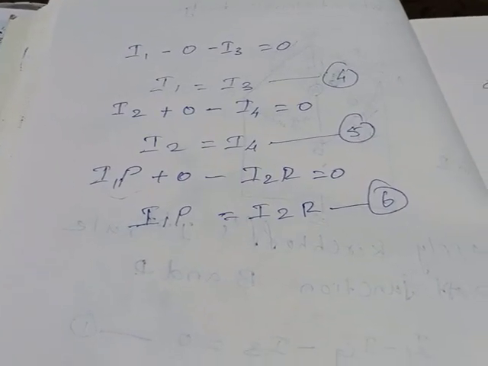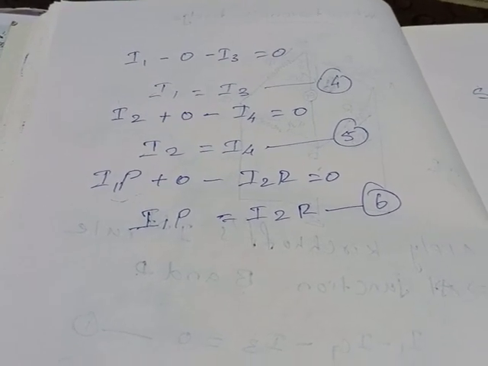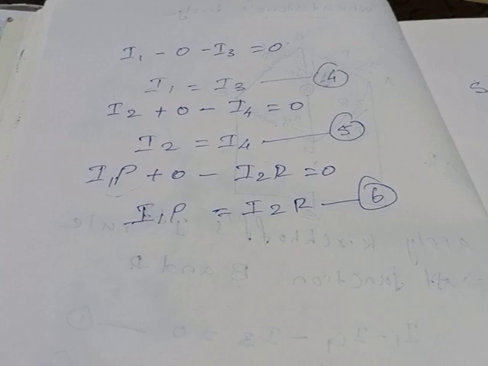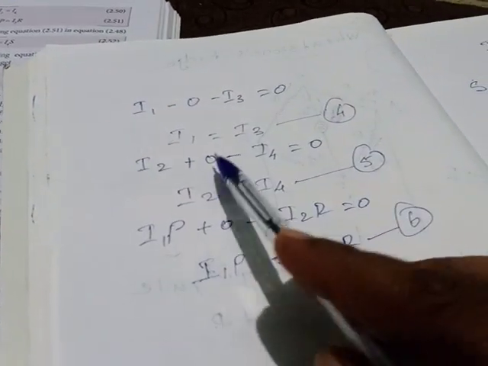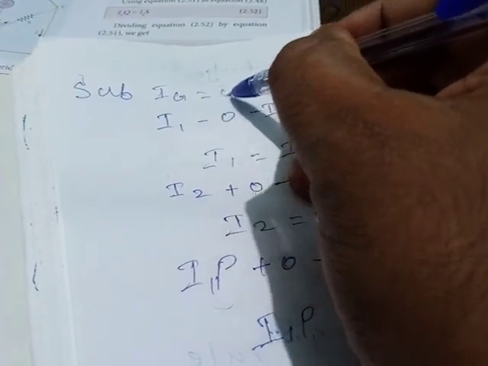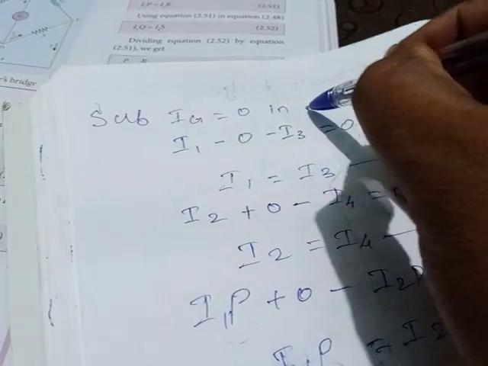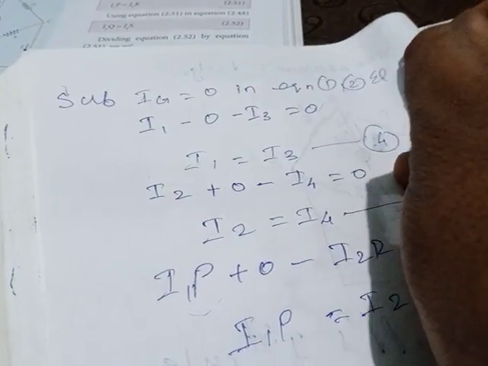So we got 3 more equations. I1 equal to I3. This is the step: substitute Ig equal to 0 in equations 1, 2 and 3.